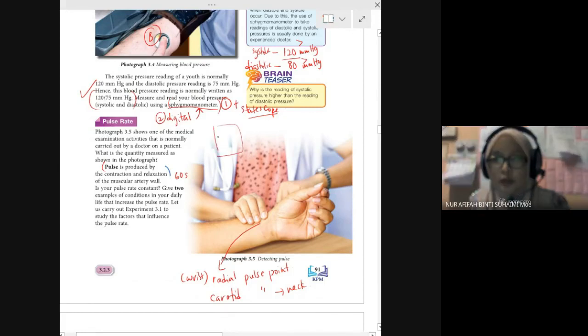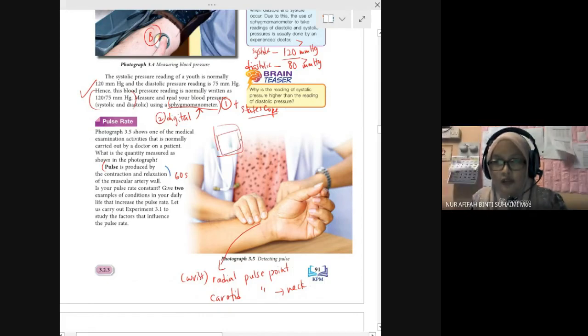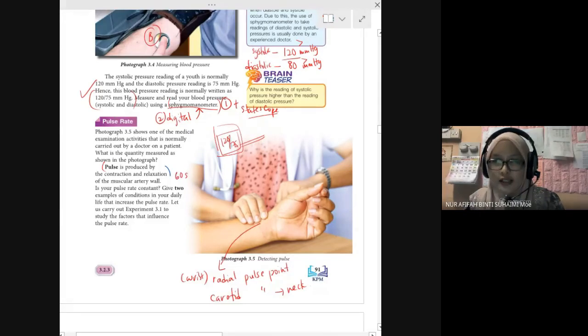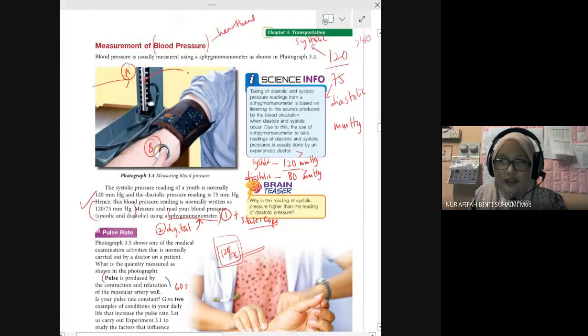This one is more portable. You can buy it at the pharmacy. That counts the number, digital number, so we call it digital sphygmomanometer. This one no need to use with stethoscope. For the classic one, the sphygmomanometer only, we use it with the stethoscope.